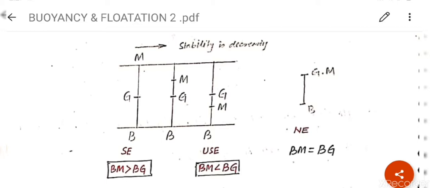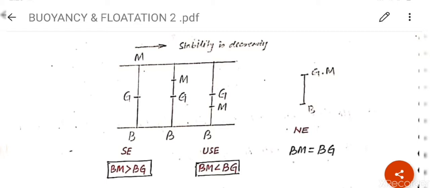But stability is decreasing slightly when M is coming in a downward direction, or the distance between G and M is decreasing. In the next line, M is below the original point of M, so stability is decreasing, and this is unstable equilibrium when M is below G. See the third line, here M is below G, so BM is less than BG.